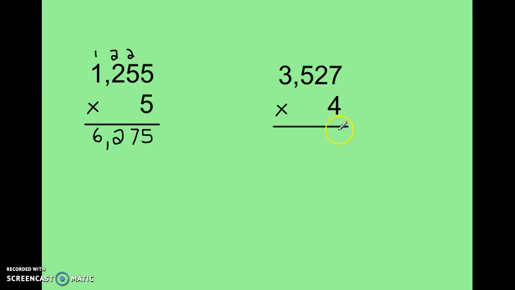All right, go ahead and give one last one a shot here. 3,527 times 4. All right, let's see how you did. 7 times 4 is 28. Carry my 2 to the 10 spot. 4 times 2 is 8, plus 2 is 10. Carry my 1. 5 times 4 is 20, plus 1 is 21.